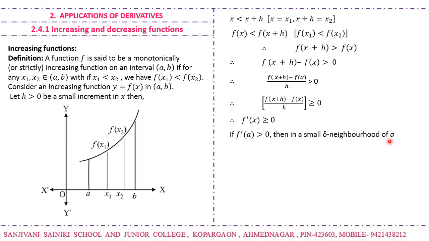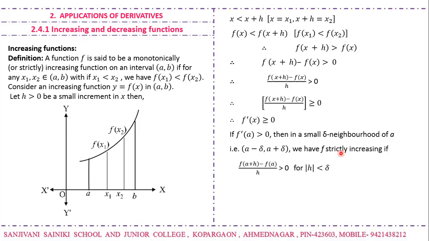Now, what is meant by delta neighborhood of a? Delta neighborhood of a means an interval which contains the point a and has a small length delta, a minus delta to a plus delta. This interval is called the delta neighborhood of a.